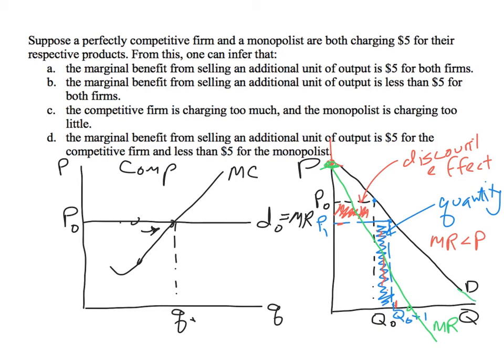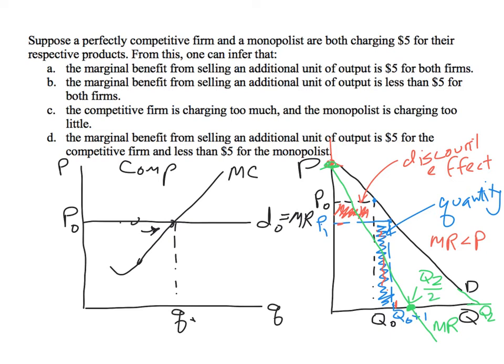So if this x-intercept is Q2, the x-intercept, the quantity axis intercept of the marginal revenue function would be Q2 divided by 2. So it's twice as steep.